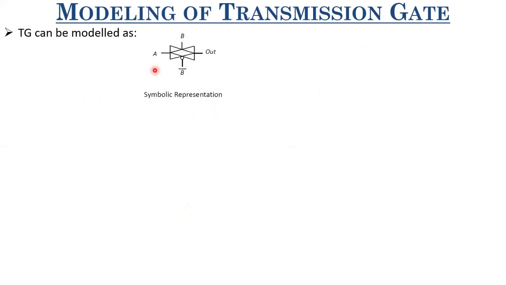Now let us model this transmission gate. So transmission gate in general is modeled as a bidirectional switch, something like this, which is its symbolic representation. And its electrical equivalent is nothing but an equivalent resistance, and there are these 2 intrinsic capacitances at the input and the output that these 2 MOSFETs introduce.